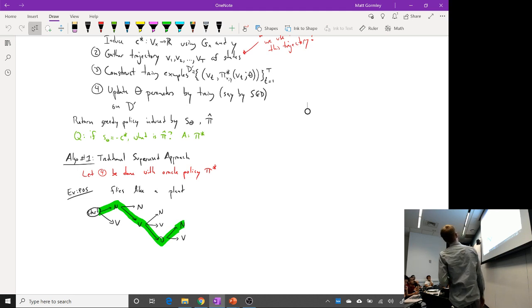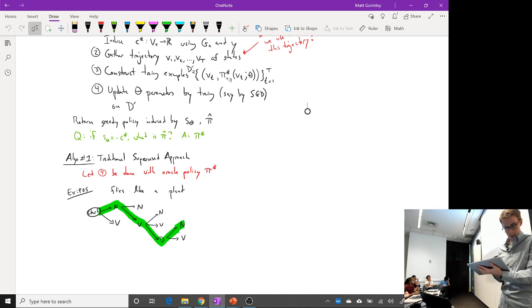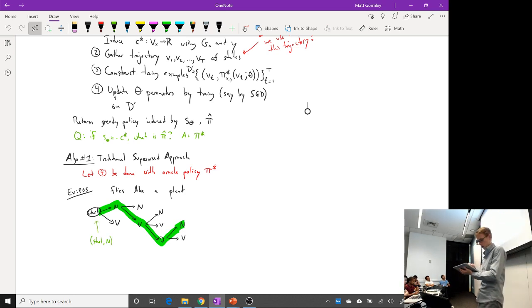What does step 3 return? Only the nodes and the actions of the green path. Yeah, exactly. It's just the nodes and the actions that we took. So the first training example is just going to be this start node followed by noun, right? And then we could label some of the other states so that we can actually refer to them properly.